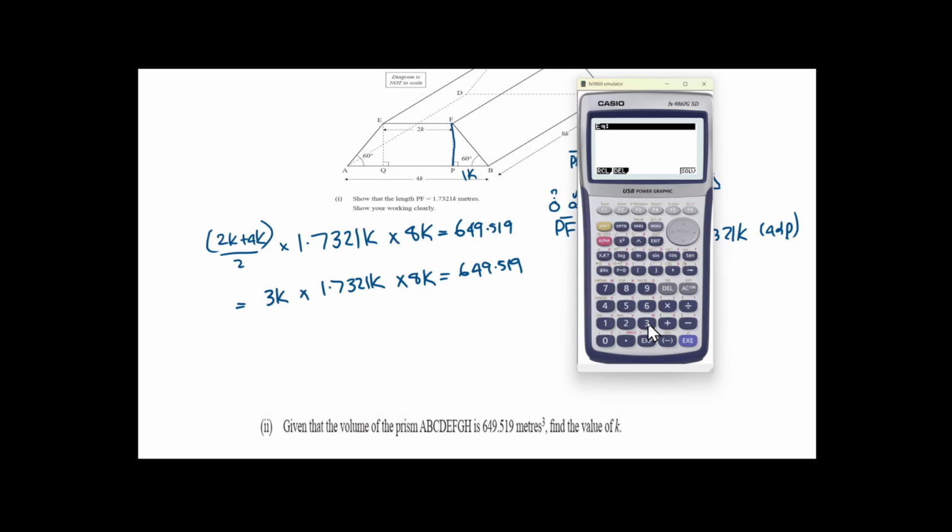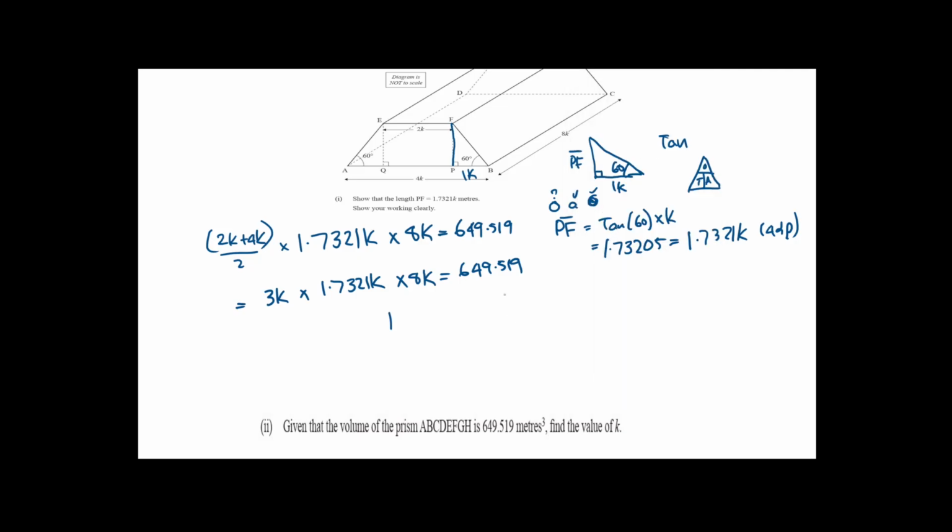So 3x times 1.7321x times 8x equals 649.59, so K equals 2.4909 meters. So essentially 2.5 meters.